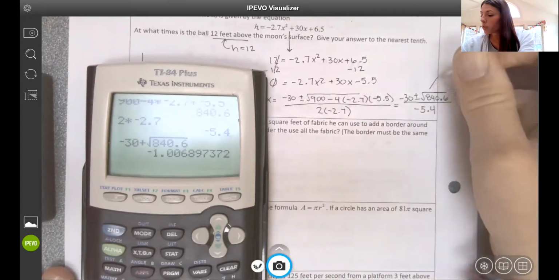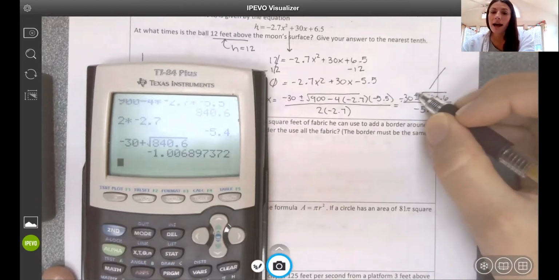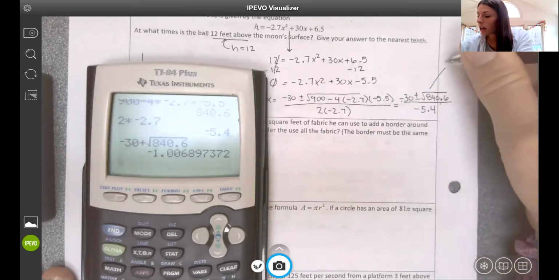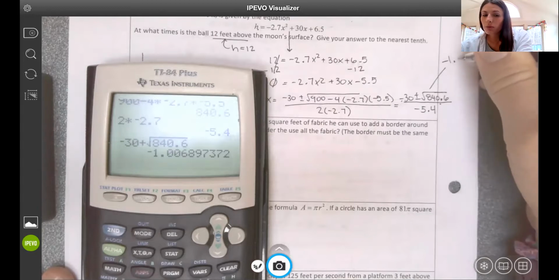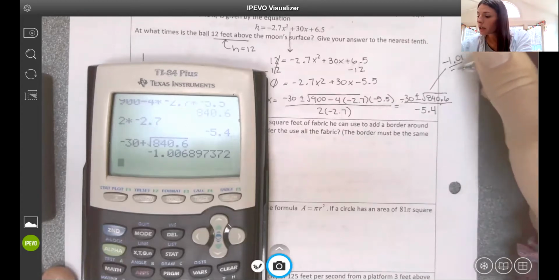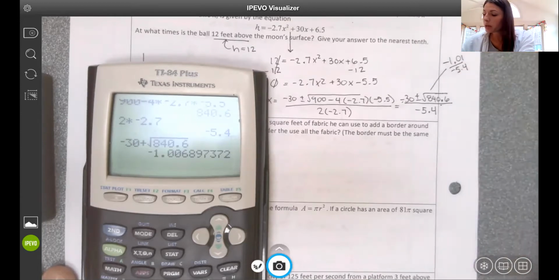Okay, so there's one of my numerators. If I add that square root, I get negative 1.01, let's call it, over negative 5.4, okay?